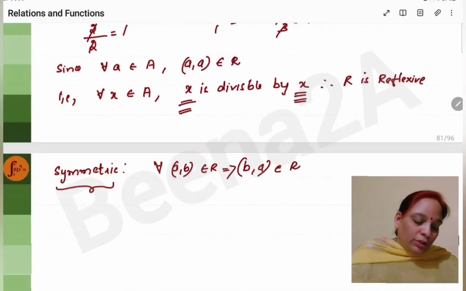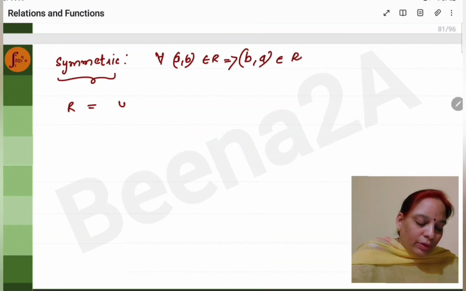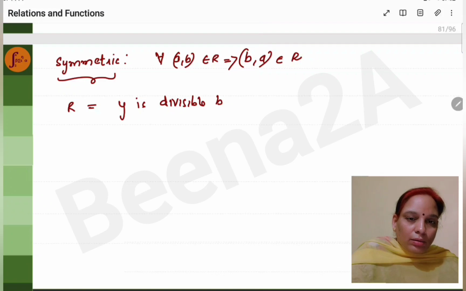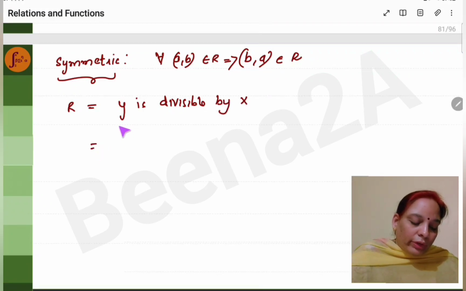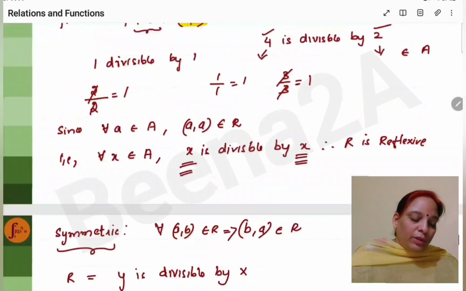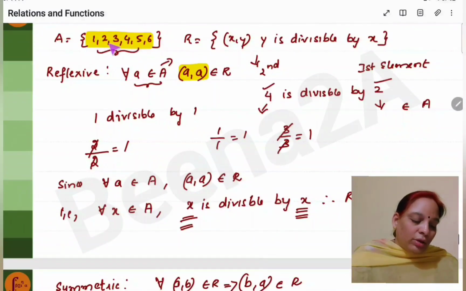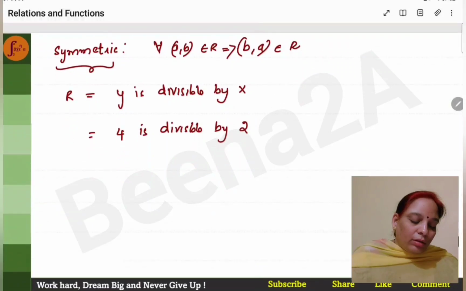We'll go back to the relation. Relation is y is divisible by x, right? Now, for example, if I take 4 is divisible by 2. 4 and 2 are present in this set A. So I'll take 4 and 2. 4 is divisible by 2.